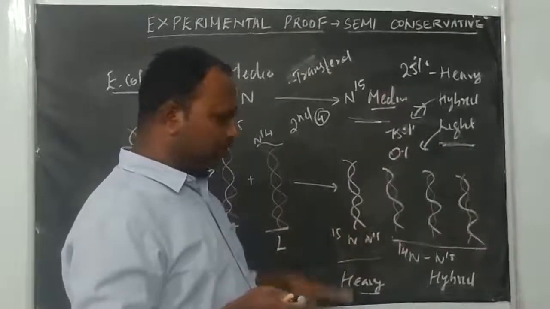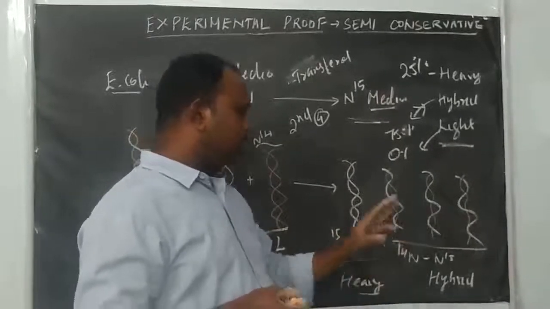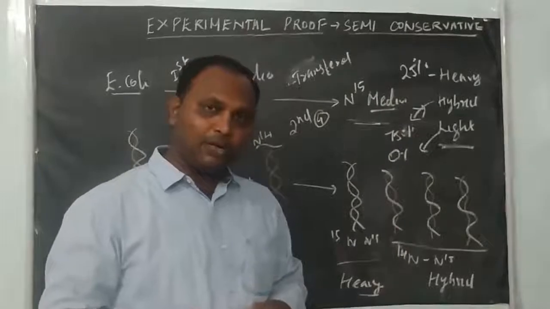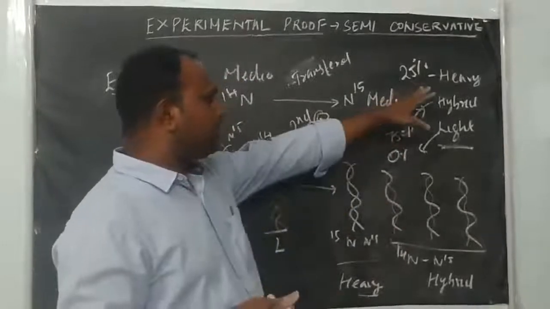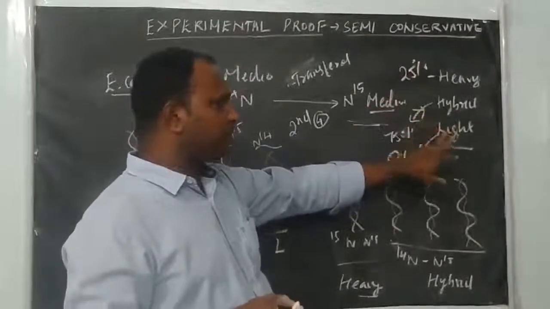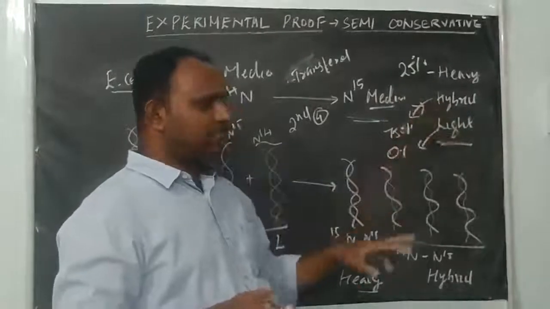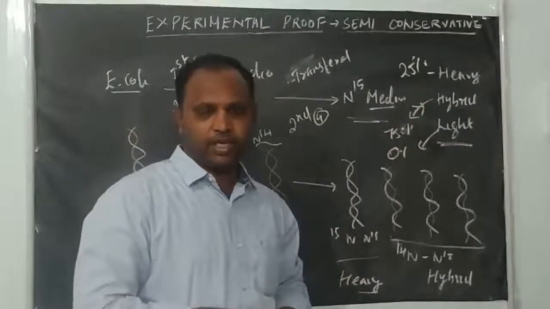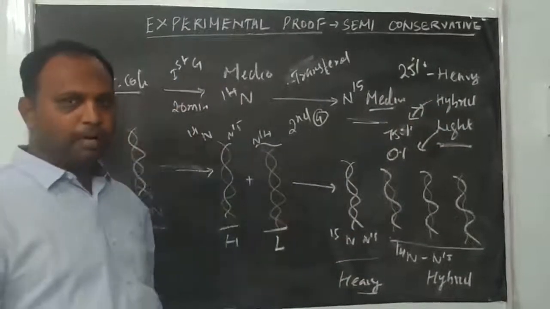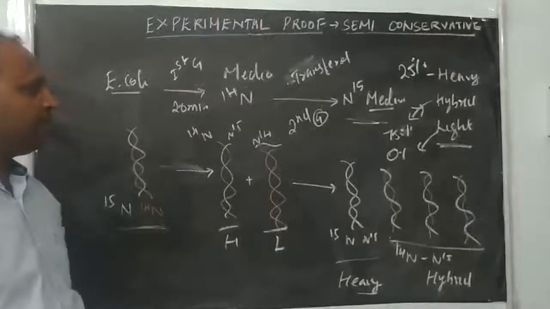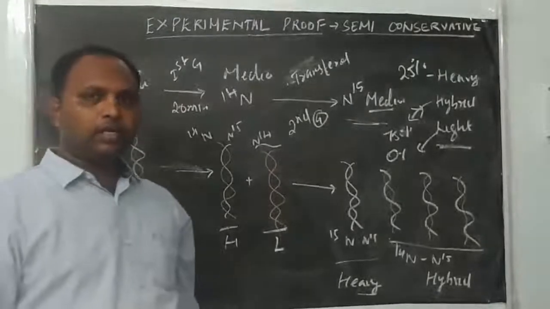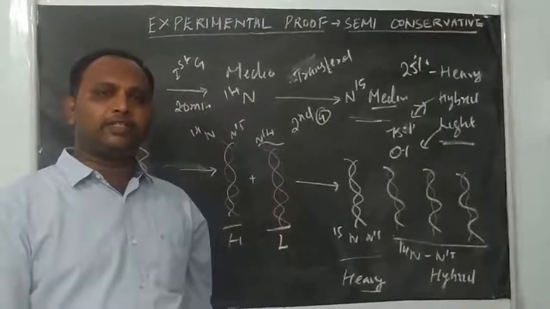Then we get 1 heavy DNA and 3 hybrid molecules, but no light. The percentage of heavy is 25%, hybrid is 75%, and light is 0%. I hope that you understood this problem. Up to this I will end this video, and the remaining topic will continue in the next video. Thank you.